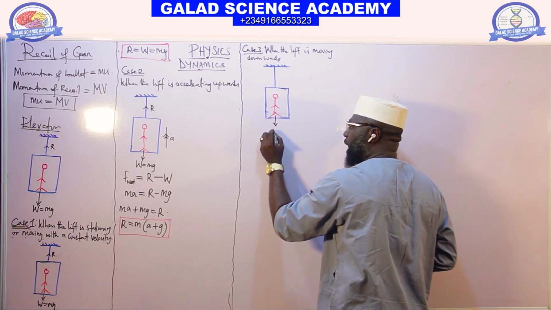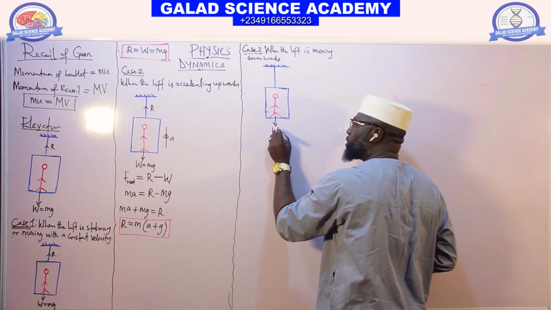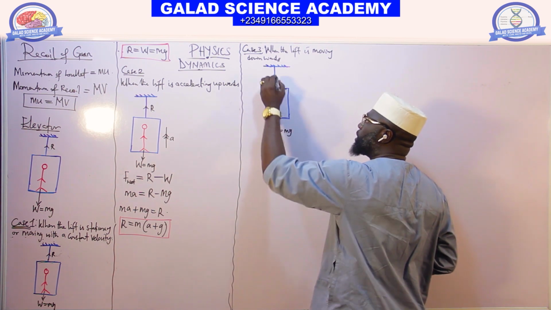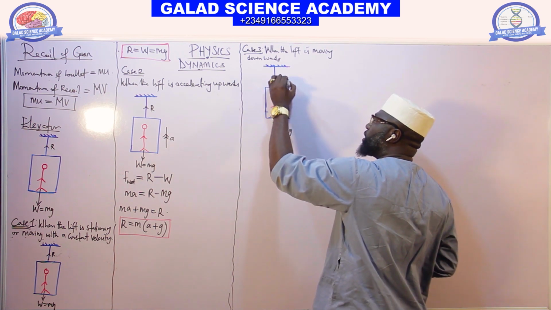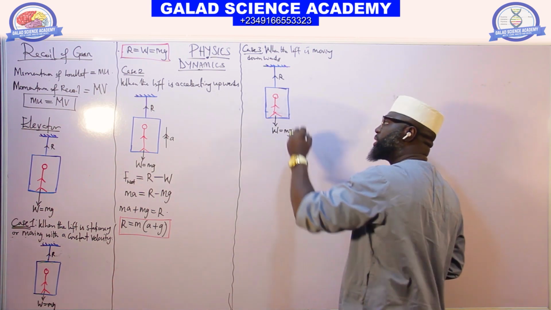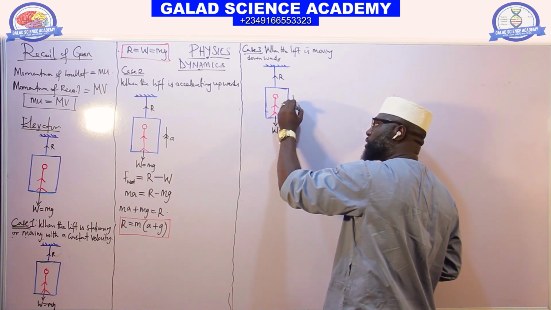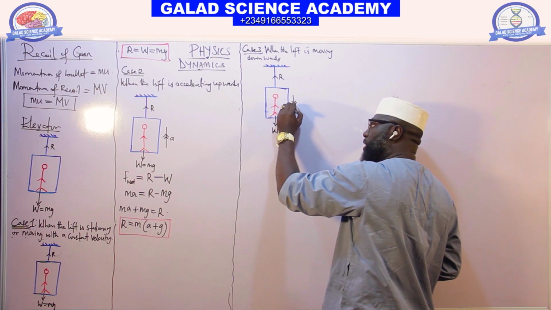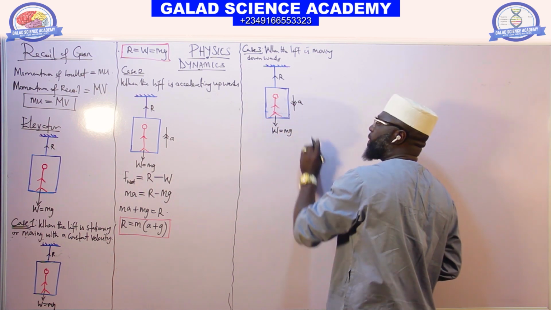The weight is acting downward as mg. The tension of the lift is R, but the acceleration of the lift, which is moving downward, is a.